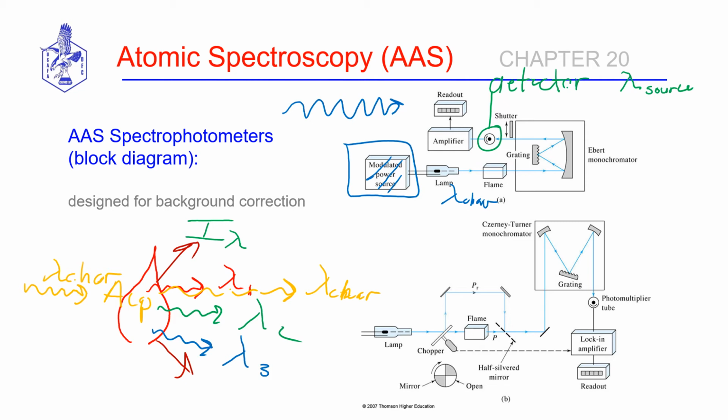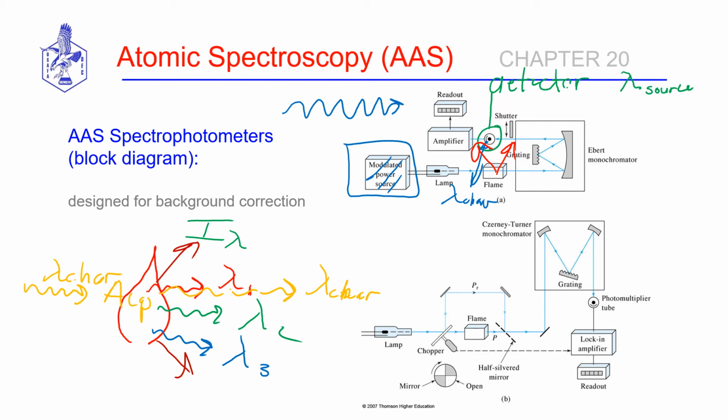Then we can tune our detector to the frequency that the source lamp is operating at. So if any light bounces around our instrument and comes from other sources, we will not be detecting those.